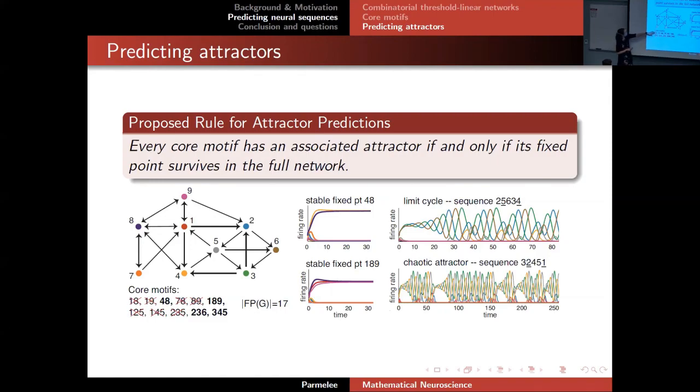Whereas 4, 8, which is here, is also a 2-clique, so that's a core motif, and it does have an attractor. That's this one. It's a stable fixed point.